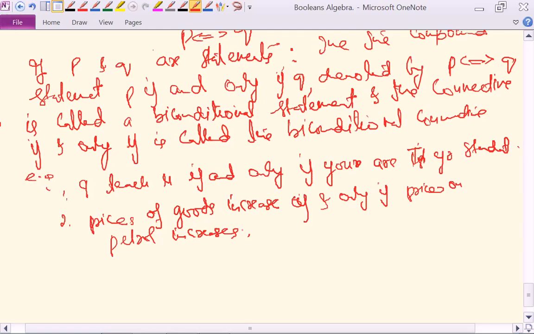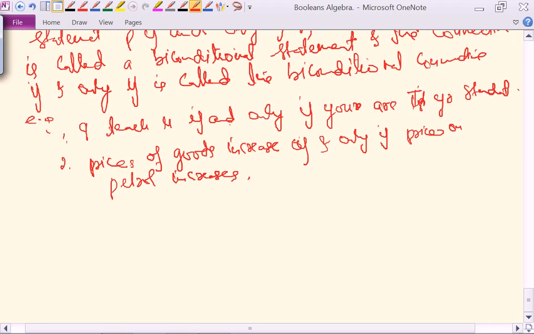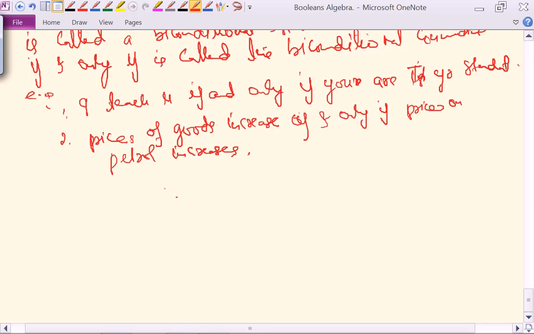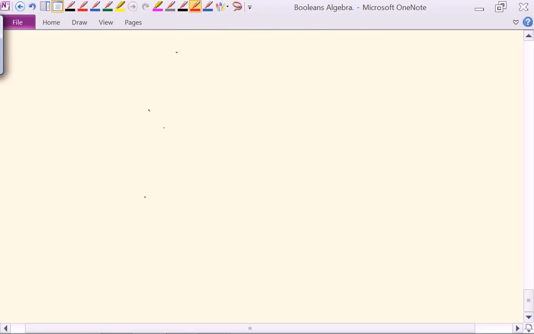Now the next thing is to make a truth table out of them. A truth table comes regularly in exams. Let's start with the simpler one. We have P and Q, and we'll make the conjunction, disjunction, and also the negation.